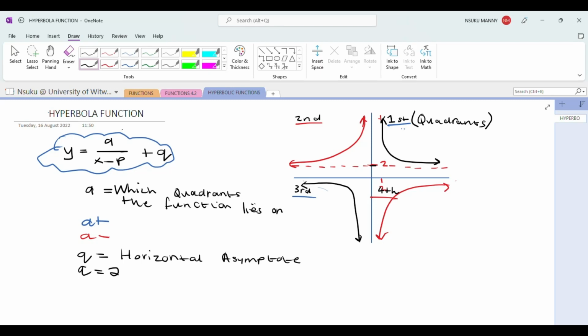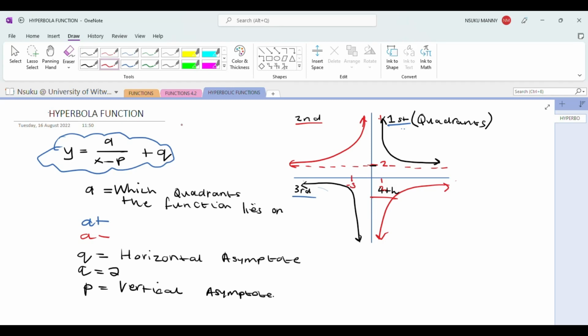P is the same. It is an asymptote, but P is our vertical asymptote. So let's also try to draw a vertical asymptote. Let's say, for example, we had a value of negative 3.